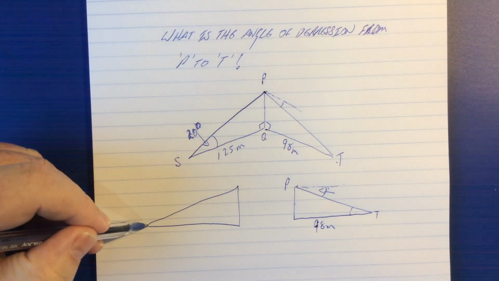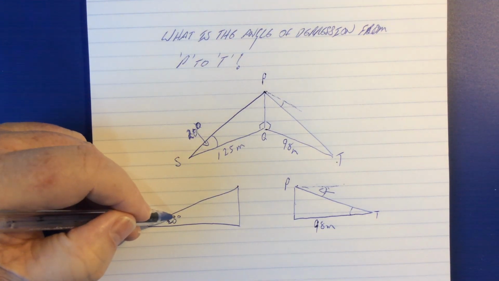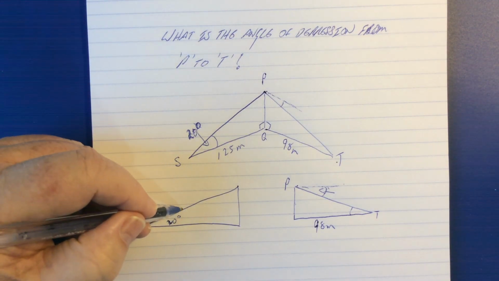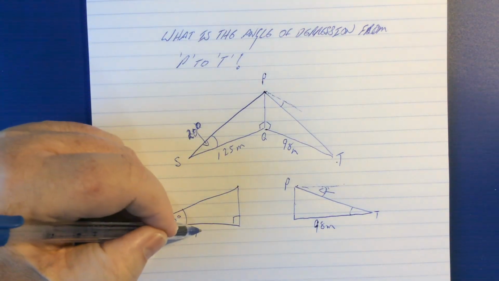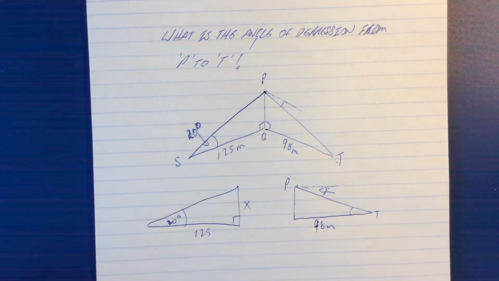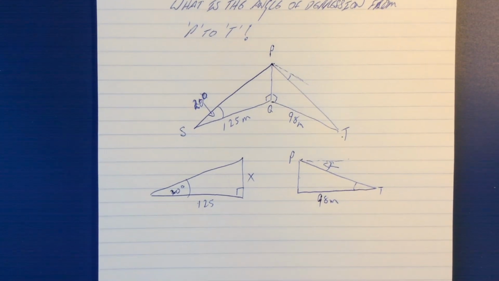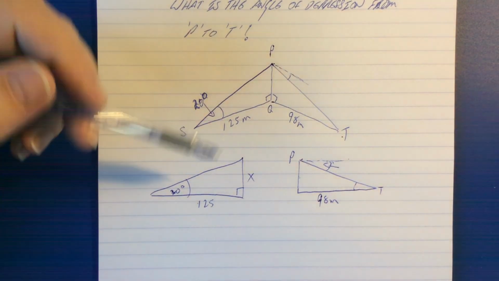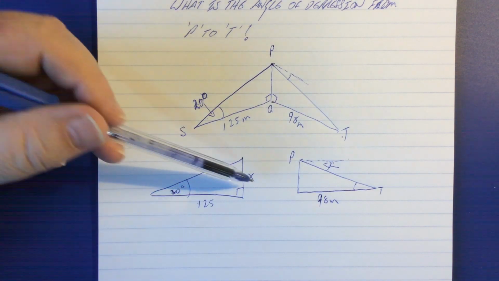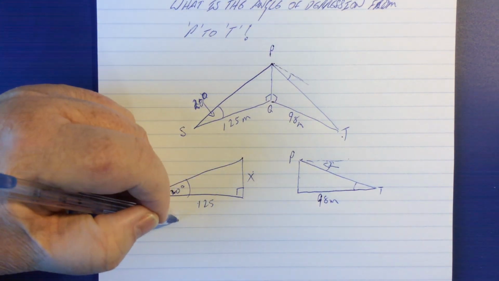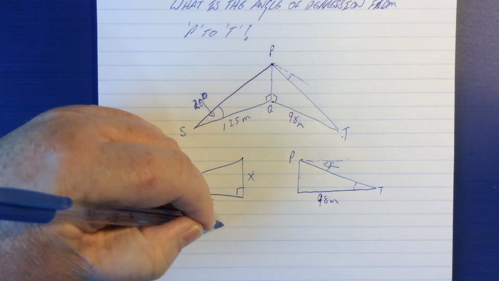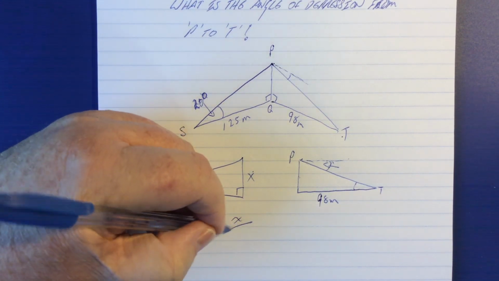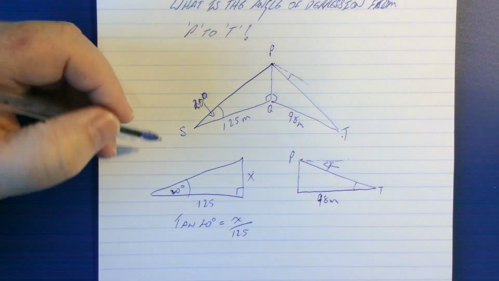which I will again draw badly, and this time I will put a degree sign in there and not a percentage sign. Okay, so that's 125, and what we're looking for is that. We're in the tangent business. The tangent of 20 degrees is going to equal x over 125.